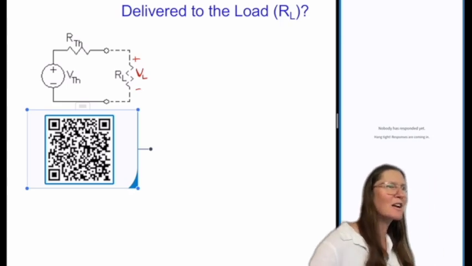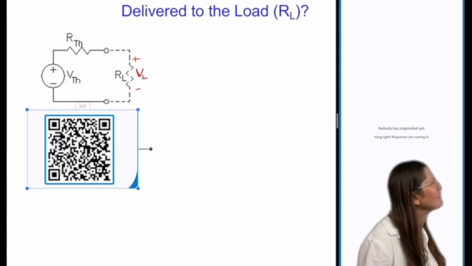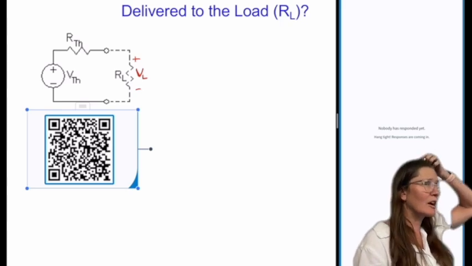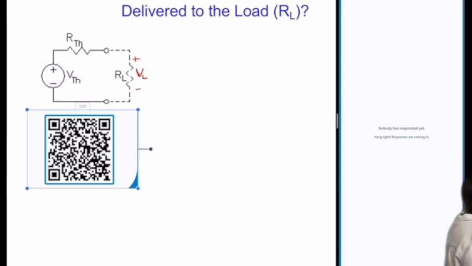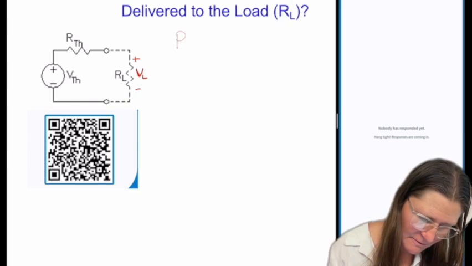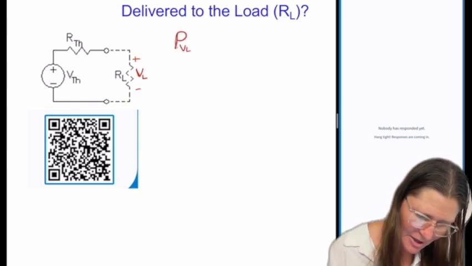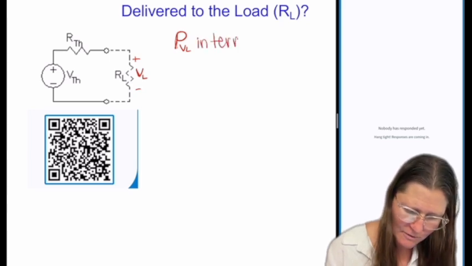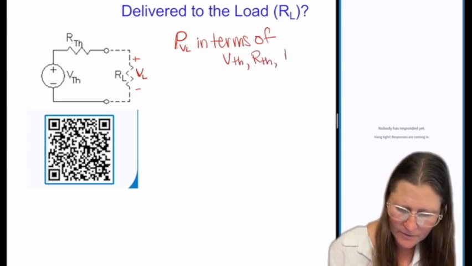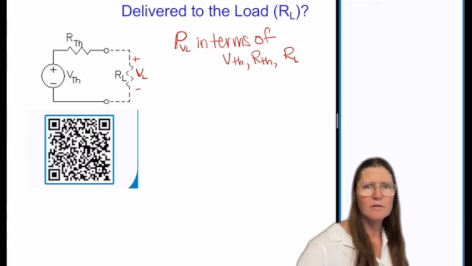Take a minute, try and derive the equation for power there. So power over the resistor RL is what you're trying to write. You're assuming that you know VTH, RTH, and RL there. In other words, write a power expression, power VL, in terms of VTH, RTH, and RL.